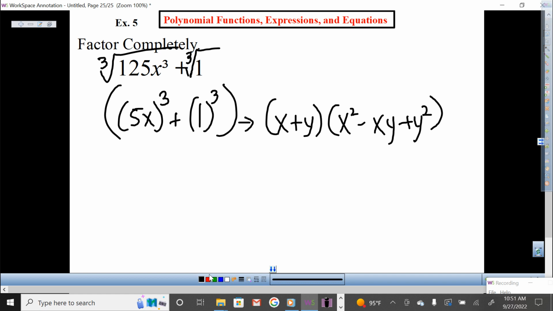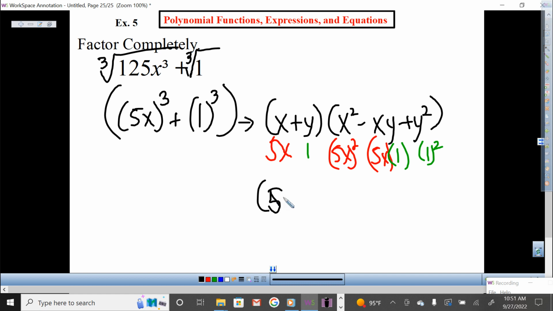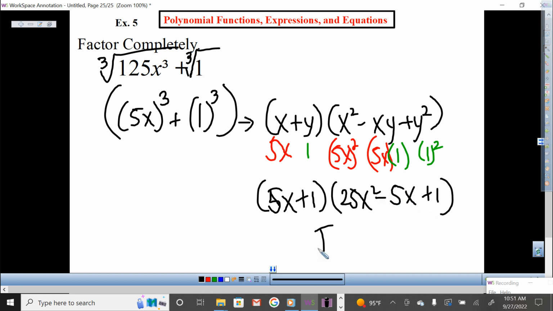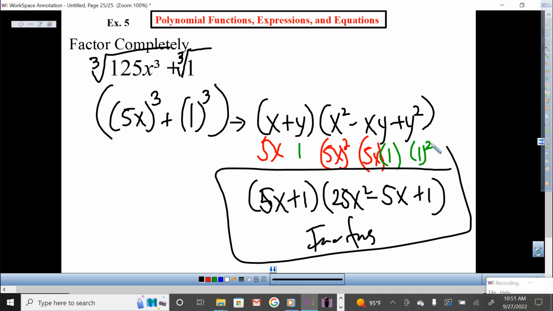So instead of x, I'm going to write what? 5x, 5x squared, 5x. And instead of y, I'm going to write what? 1, 1, 1 squared. So that means my factors are 5x plus 1, 25x squared minus 5x plus 1. And these are my factors. Hands, have you got that? Yeah, we got this, right?